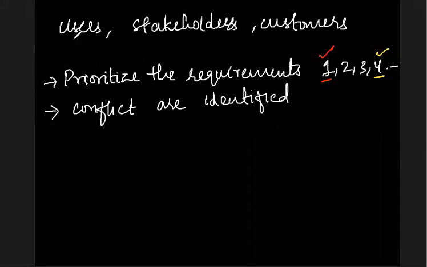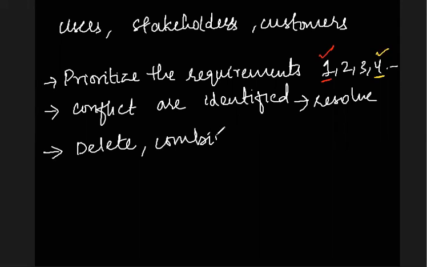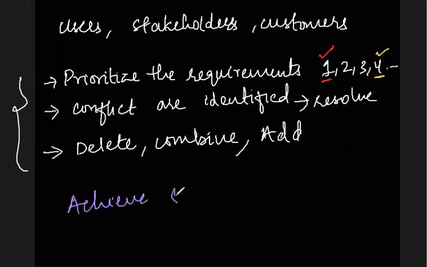Then, when the conflicts are identified, you resolve them. These conflicts are resolved by deleting a few requirements, combining them, or adding a few requirements. Why is all of this done? This is done so that you can achieve some level of satisfaction between all the users, stakeholders, and customers.